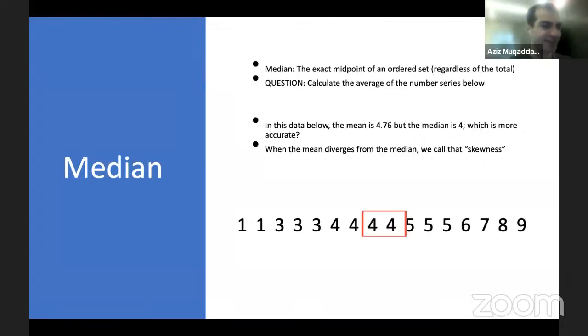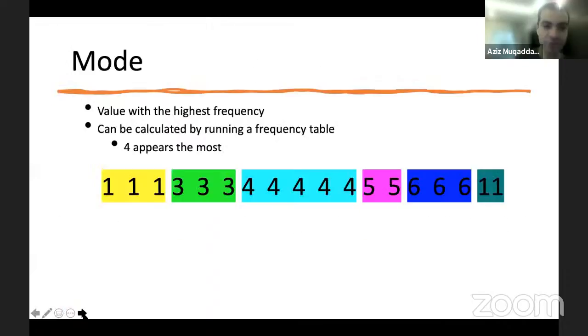If we invite, let's say, Elon Musk to this meeting, the average income per person in this meeting would be way up, in billions of dollars. But it's only Elon Musk, who just pulled the average up. If we look at the median, we look at who's the richest among us, who's the poorest, and then the person in the middle and their income. That's the actual median. So that's why we do both.